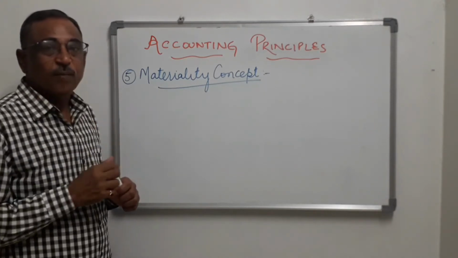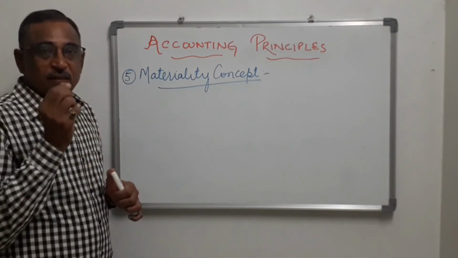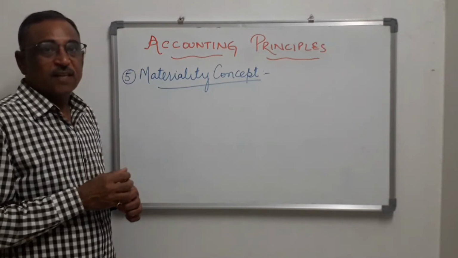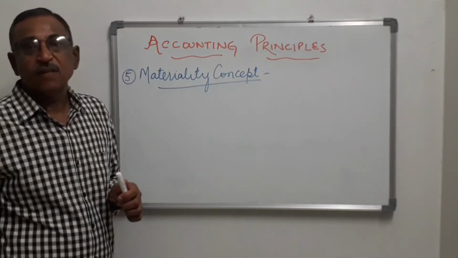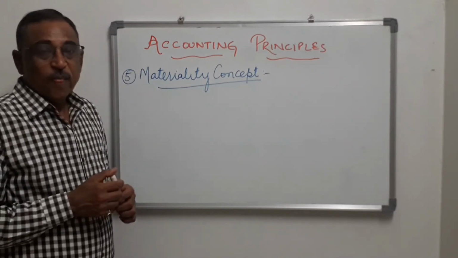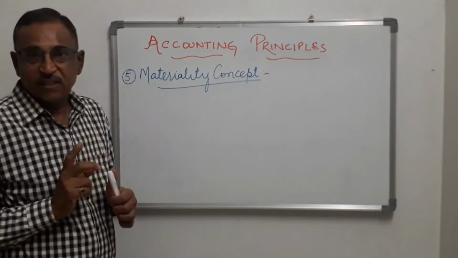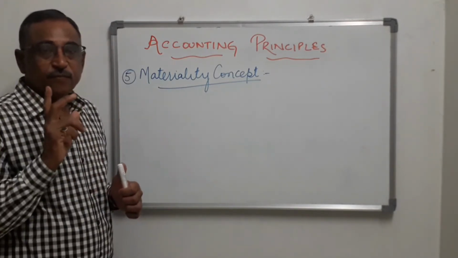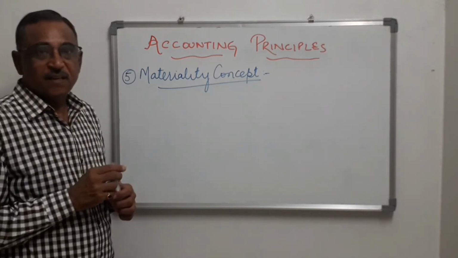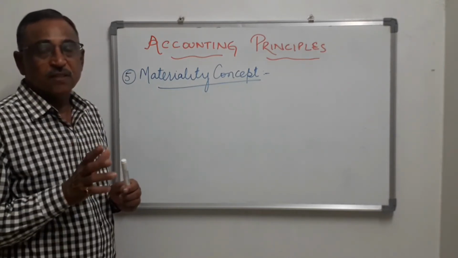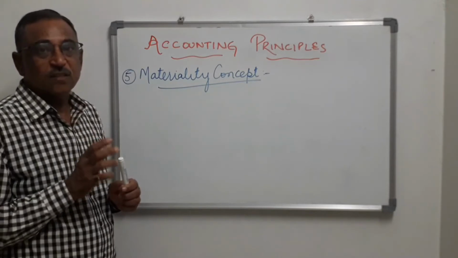An item may be material for someone and the same item may be immaterial for another person. So the important thing is the relevance of the information. If any information is relevant, it should be disclosed at any cost. It should not be hidden.